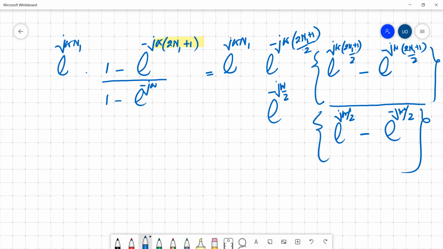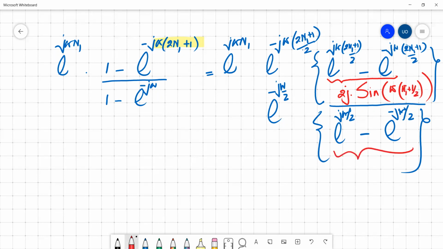So you can replace this as 2j times sine of omega over 2, and for the numerator it's n1 plus half, 2j sine. So then you can cancel these two together.